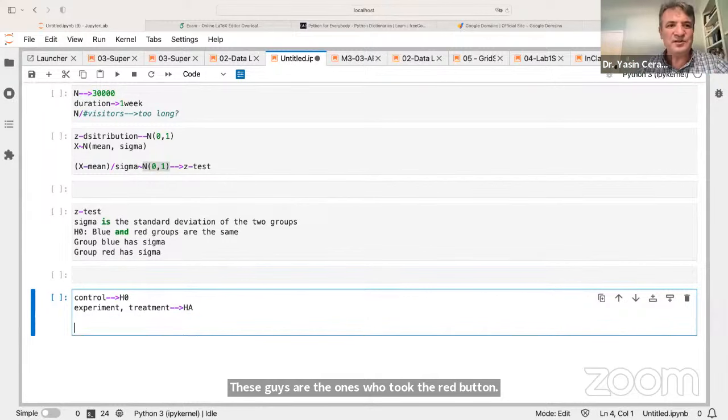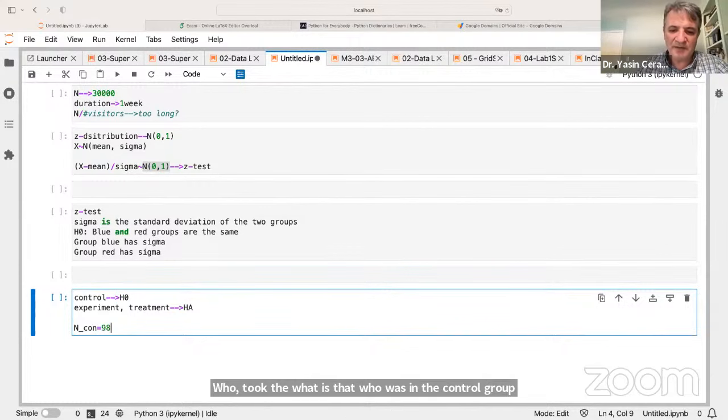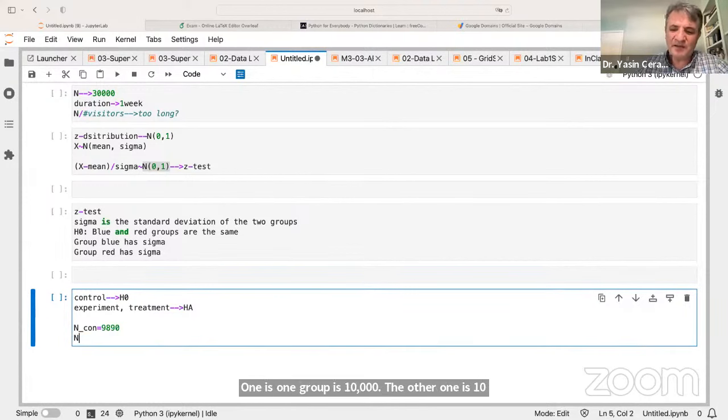So I'm going to say the number of people who were in the control group is, I don't know, 9,890, some number. Let's say you decided to use 20,000 people. You divided your group into two, 10,000 and 10,000. But in reality, you may need to exclude some of the people from the experiment.